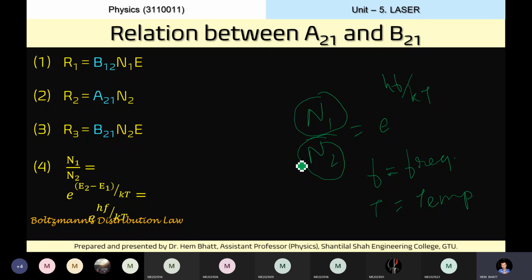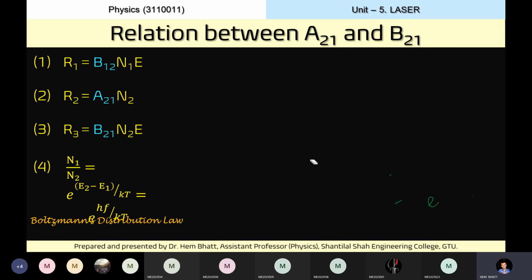Temperature of the material. k is the Boltzmann constant. h is Planck's constant. So this law is to be accepted, and with these four equations in hand, we can derive the relation between A21 and B21, that is the coefficient of spontaneous emission and the coefficient of stimulated emission.